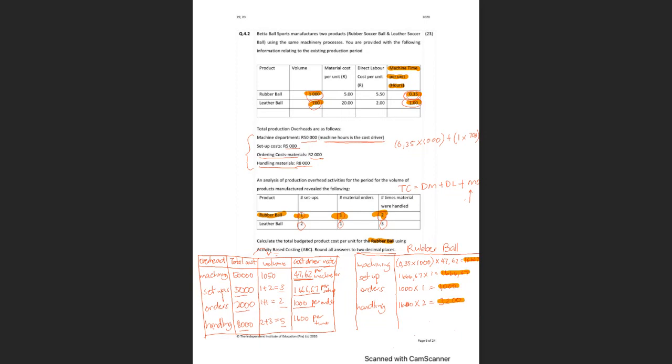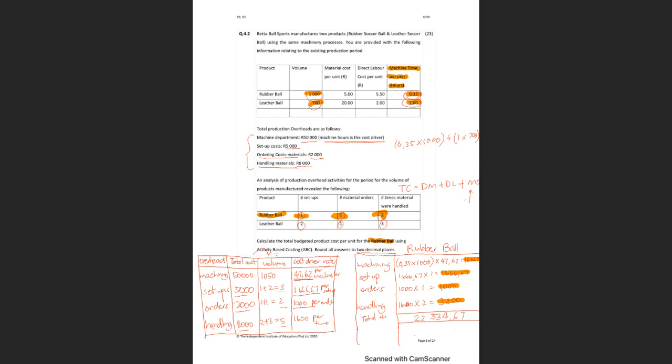That's going to tell you the overhead cost in total, and that is an amount of 22,534.67.